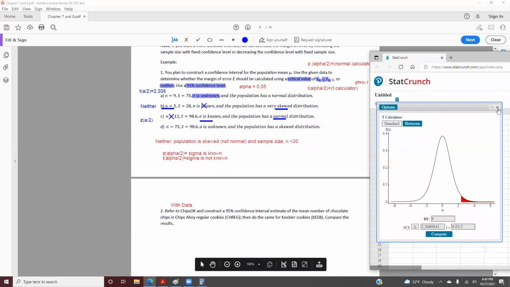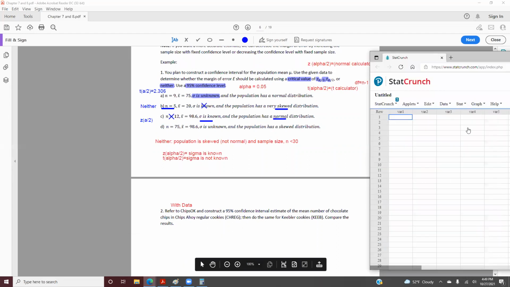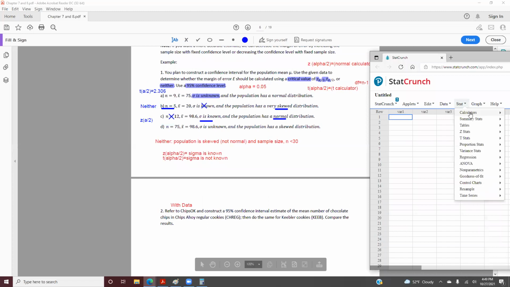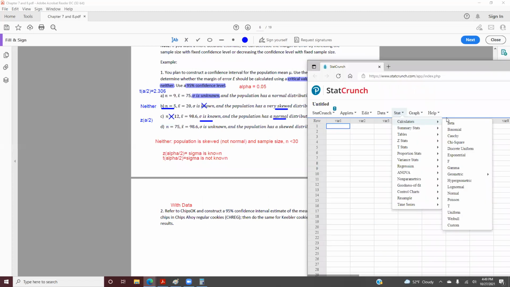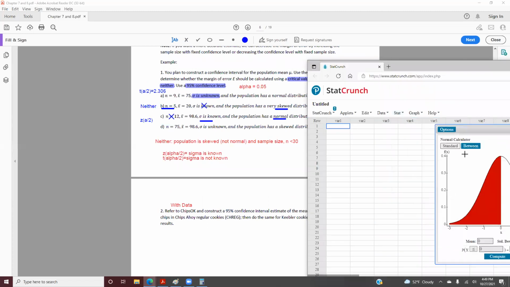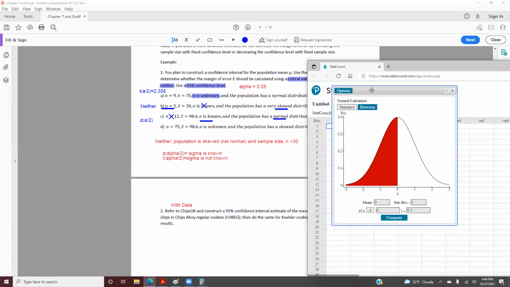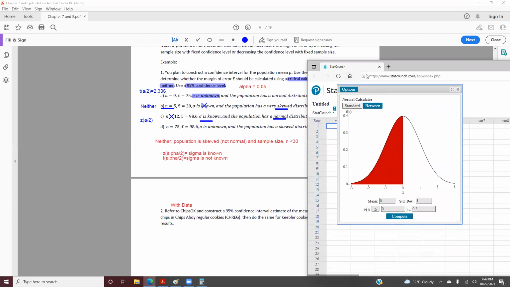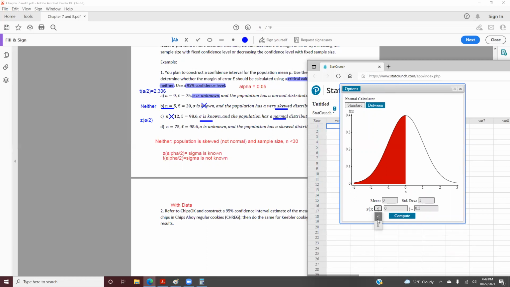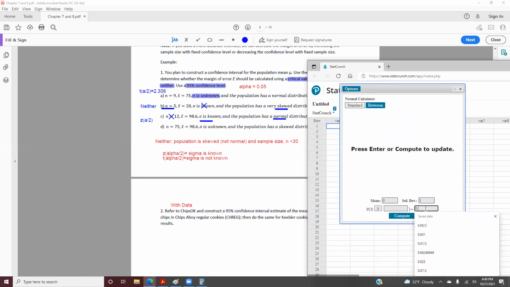Go to your stats calculator, normal, it's hiding. The mean is 0, the standard deviation is 1, and we're going to make it greater than, and then your alpha is 0.05 over 2.